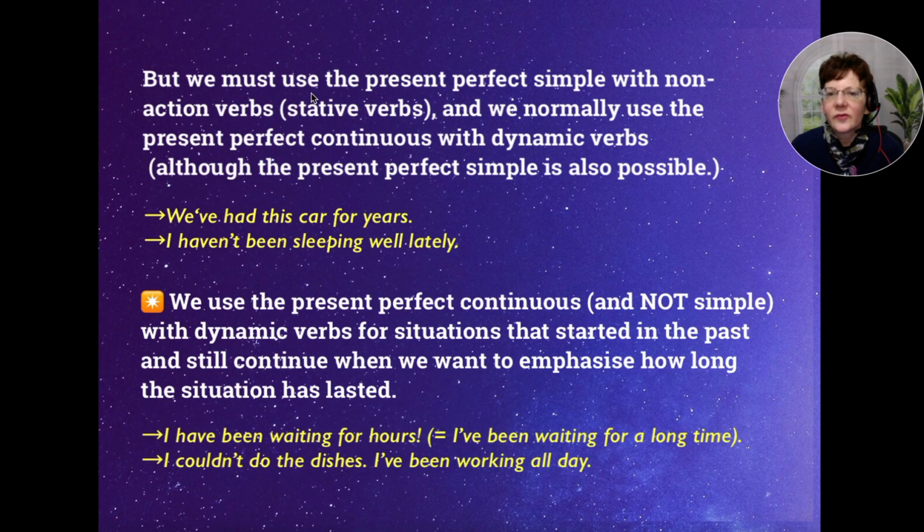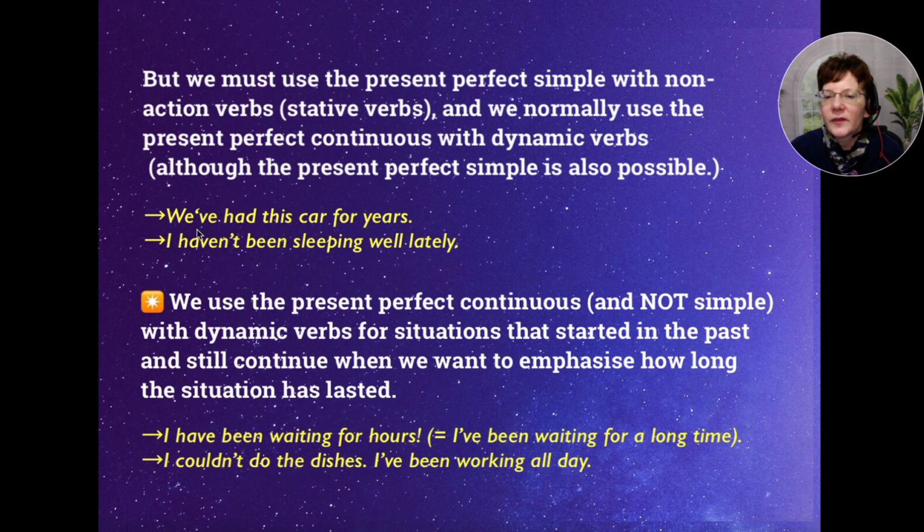But we must use the present perfect simple with non-action verbs. These are stative verbs, and we normally use the present perfect continuous with dynamic verbs, although sometimes the simple, I just call it present perfect, is also possible.